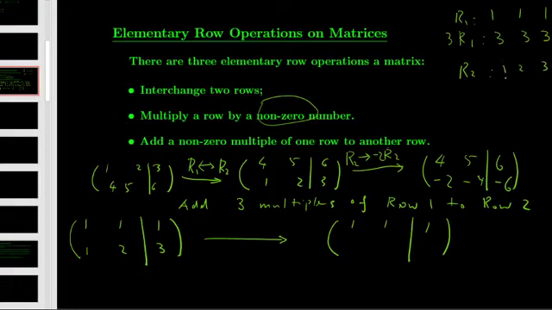Now, anybody want to write 3 numbers? Tell me the new row 2. We want to add 3 multiples of row 1 to row 2. Yes, 4 5 6. You add 3 row 1 to row 2, and we have 4 5 6, of course.